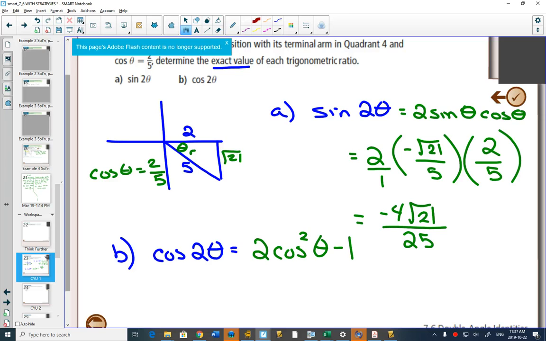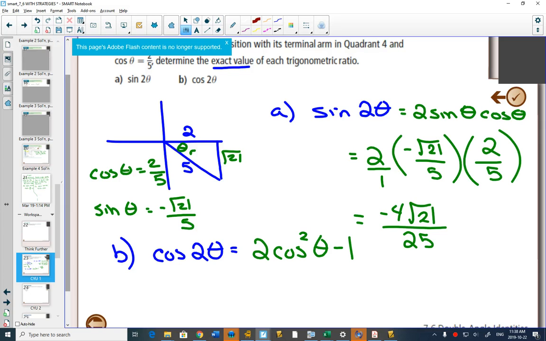When you're given something in the question, if I asked you, okay, read the question, what's cos of theta equal to? You'd be like, 2/5, because it says it in the question. Very hard to get wrong something that says it in the question. Okay? Sine of theta, sorry, from our triangle is negative root 21 over 5. We had to figure that out.